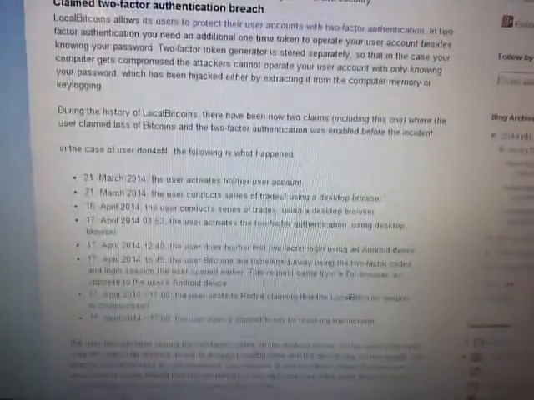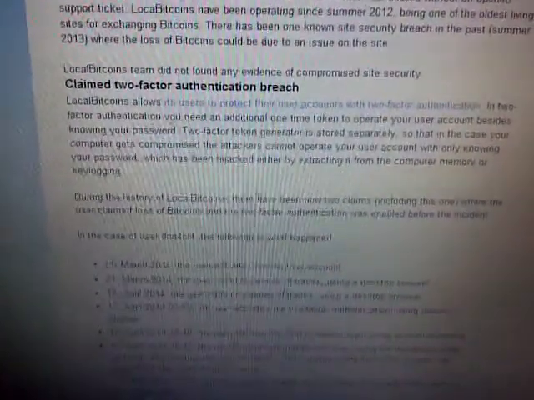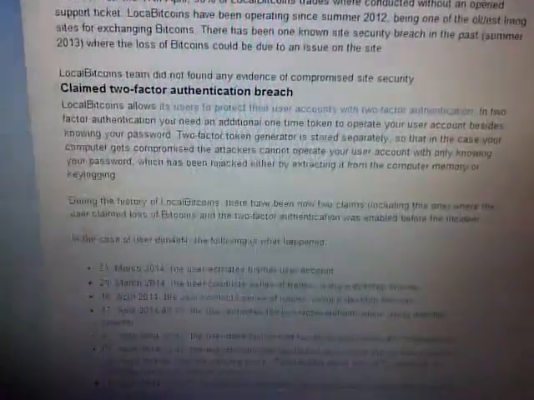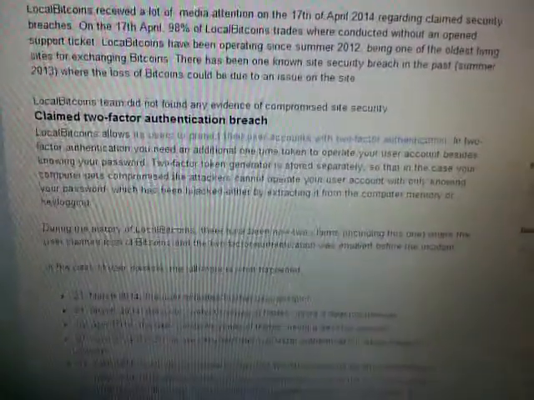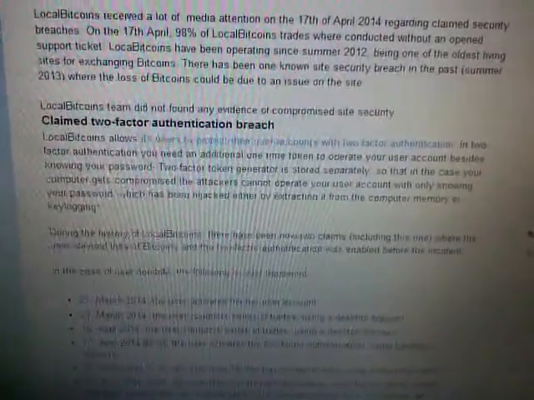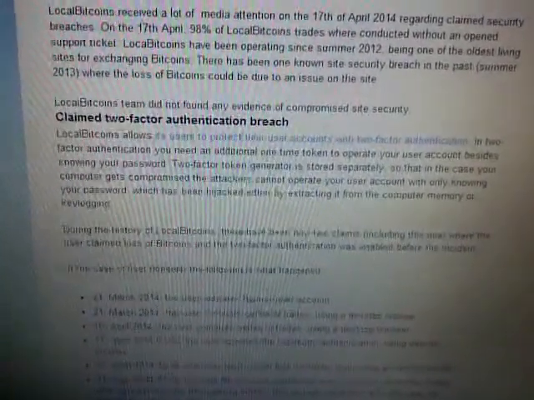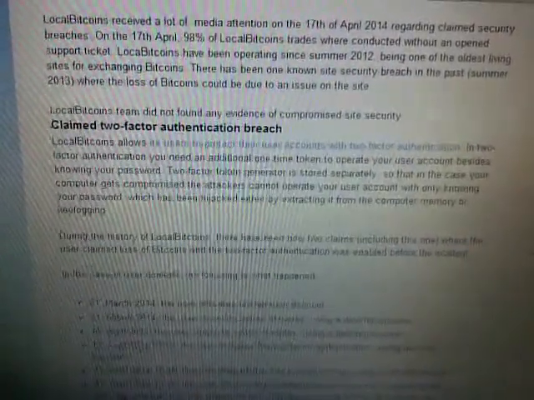Supposedly, from what I read from Local Bitcoins' investigation, the user used, of course, your login, your username, and then your password. And if you have two-factor authentication, you usually have, on your smartphone, one-time passwords that I don't know if they're every 30 seconds or every minute, but they're constantly changing.